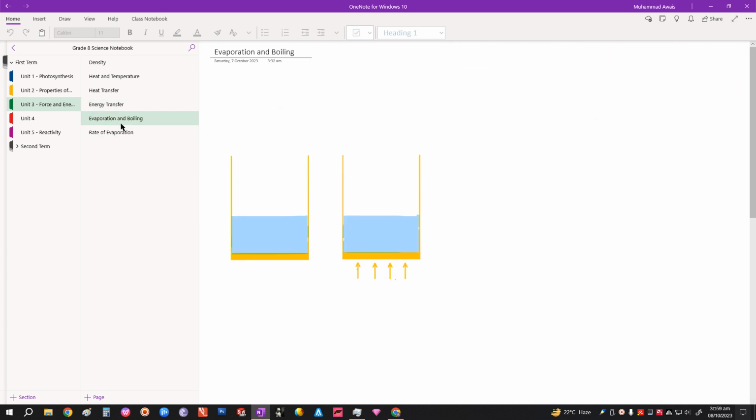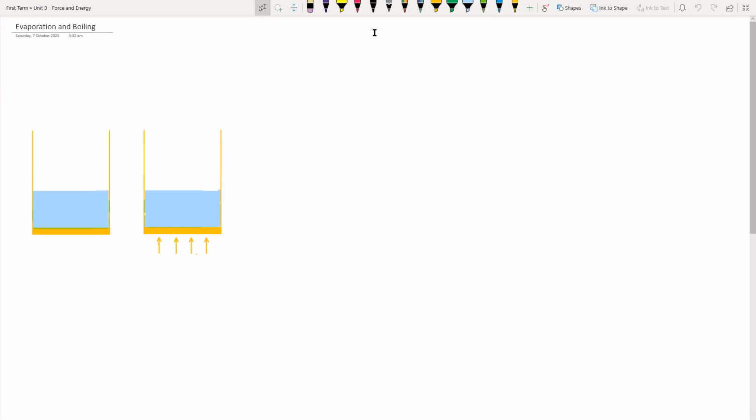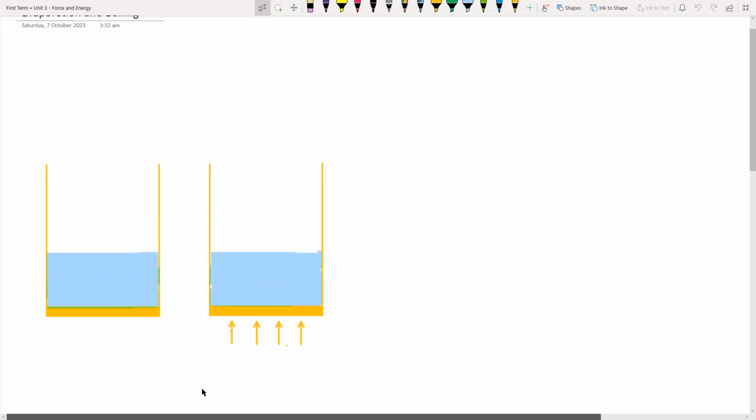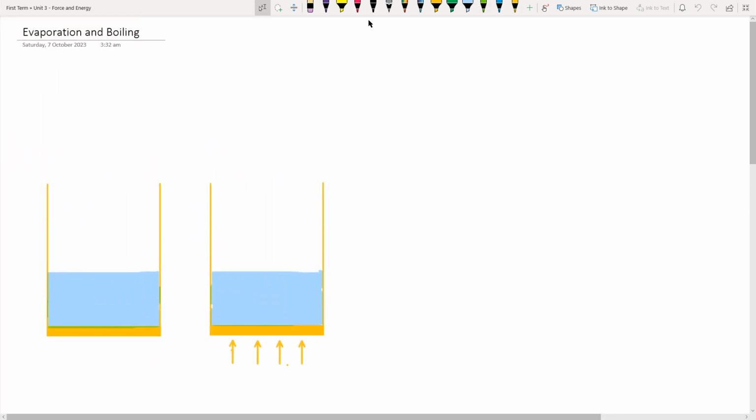Now moving on to the last idea, which is evaporation and boiling, right? Over here, just let me zoom it up a little bit. When we talk about evaporation and boiling, we usually take these two as related terms, but they are not related. Why?